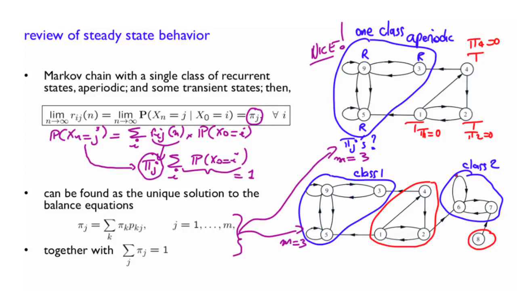Now, if you had started here instead, again, this is the recurrent class, and you have m equals 2 states here, and in order to find the steady state probabilities of these 2 states, you could use the same kind of result, but you apply it with m equals 2 in isolation. So you just concentrate on that.